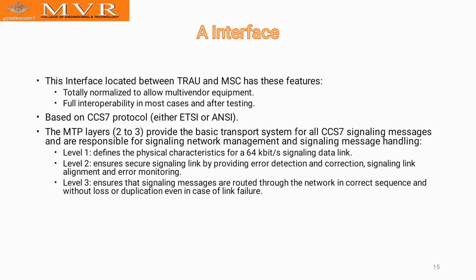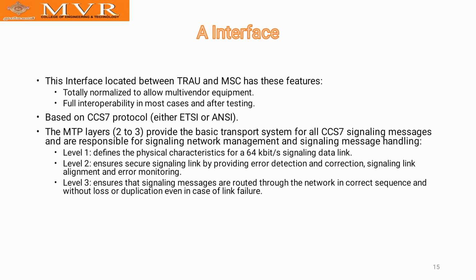These features are totally normalized to allow multi-vendor equipment and full interoperability in most cases, after testing based on the CS7 protocol, either ETSI or ANSI protocols. The MTP levels 2 and 3 provide the basic transport system for the CCS7 signaling messages and are responsible for signaling network management and signaling message handling. Here the handling levels are three.